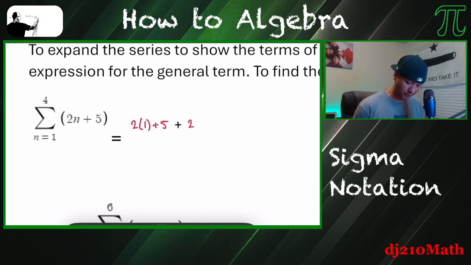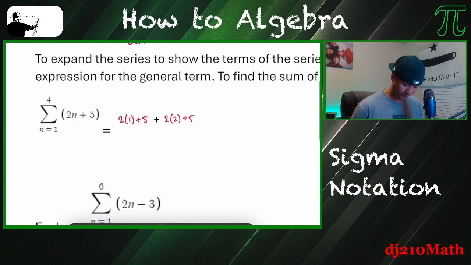We're going to add it to 2 times 2 plus 5, right? Because that's the next n value. 2 times 3 plus 5. And then finally 2 times 4 plus 5.